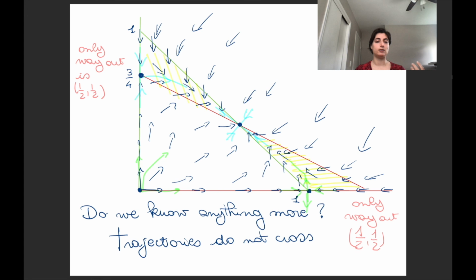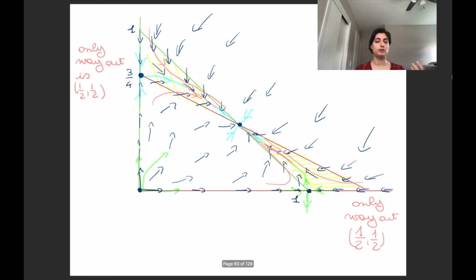In the yellow top triangle, the only way out for everything that gets in is towards the asymptotically stable node 1/2, 1/2. The same is true for the other yellow triangle. Things come in through two sides, they need to go out somewhere. So we are expecting the behavior of these two triangles to be squishing and pushing towards a stable node.